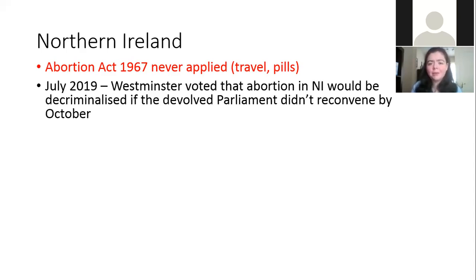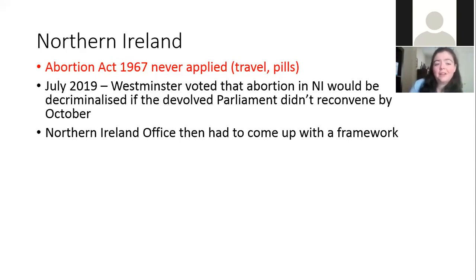If you don't know anything about the situation in Northern Ireland, it's resolved now, but the situation with the sitting of the Parliament is quite a wild ride if you read into it. In the same way that they did this for abortion law, they also did it for same-sex marriage. You probably saw a lot about that in the news as well, but that was finally legalised in 2019 as well.